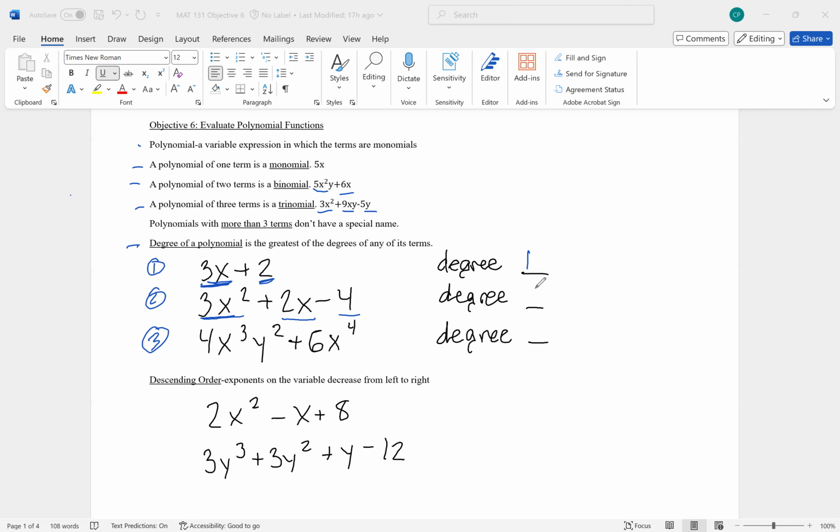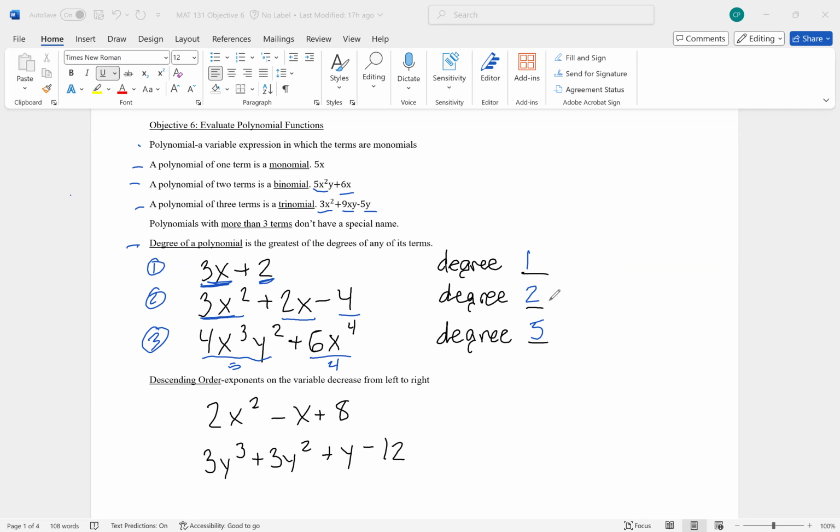So the degree of the whole polynomial is that one that's the highest. If we look at this one, it has two terms, so it is a binomial. The degree of the first term is 5, and the degree of the second term is 4. So the degree of the whole polynomial is going to be 5, okay?